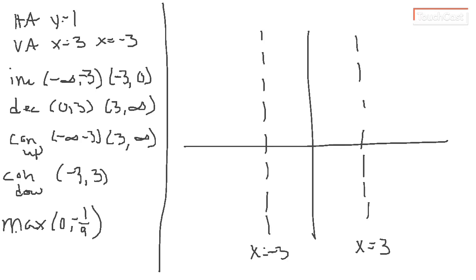We know we have a horizontal asymptote at y equals 1. We know we have a critical number, a maximum at 0, negative 1/9.